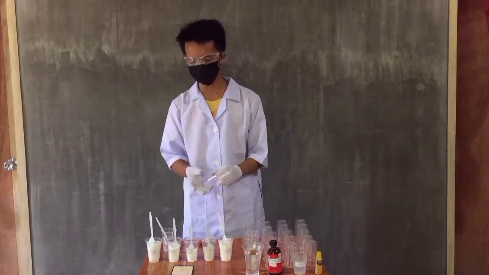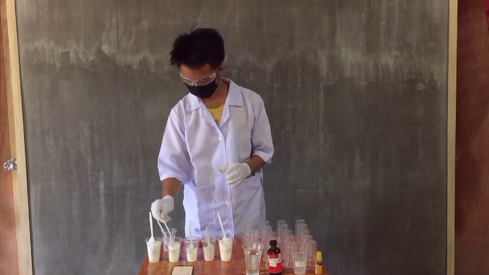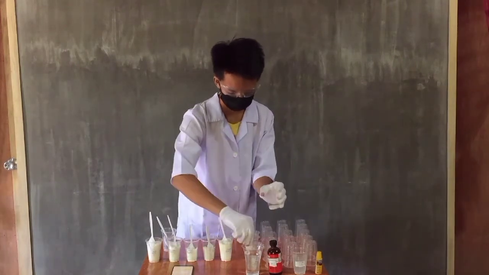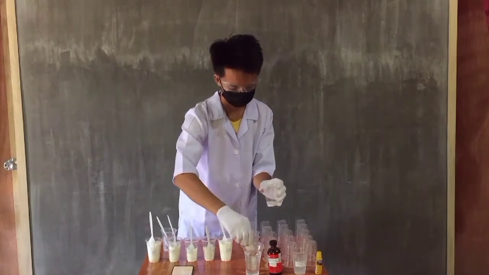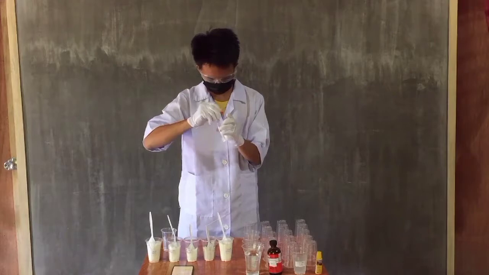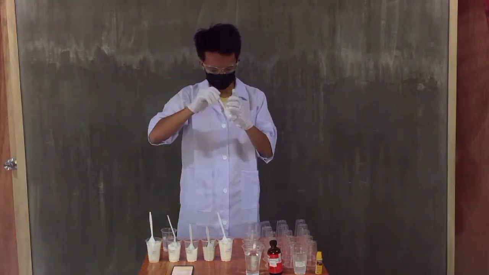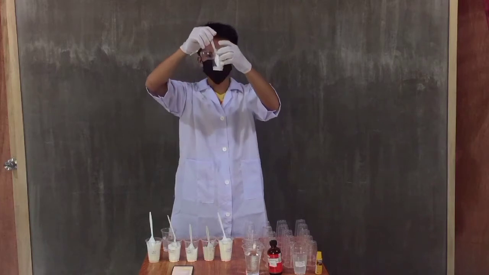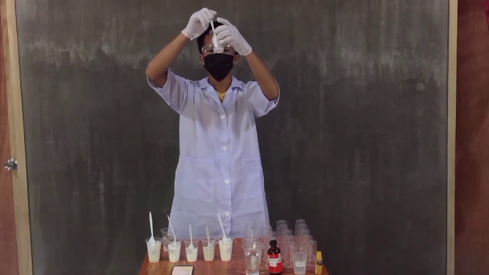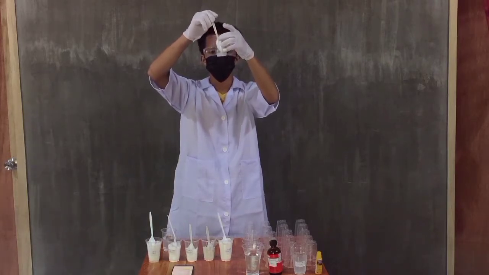The next one is the baking soda and the water mixture. The baking soda and the water produce a white precipitate in a crystalline result.